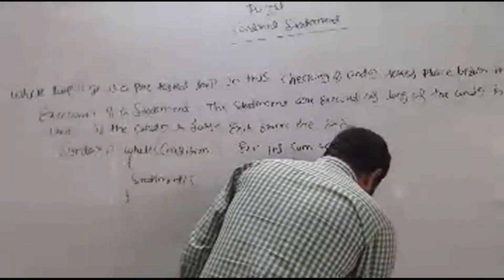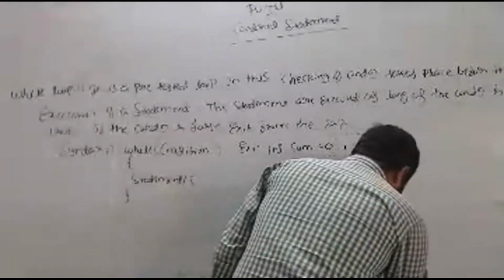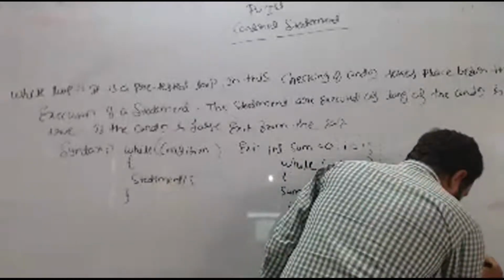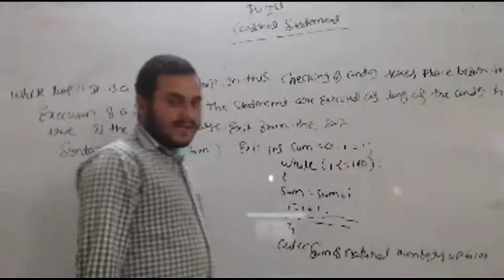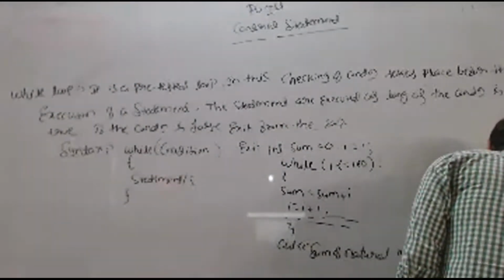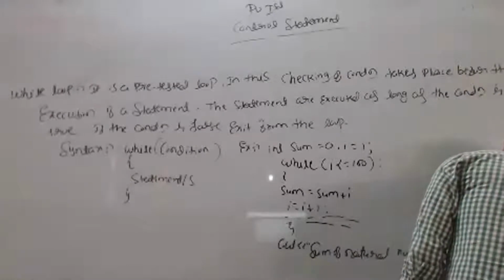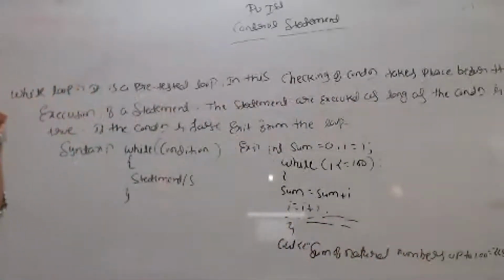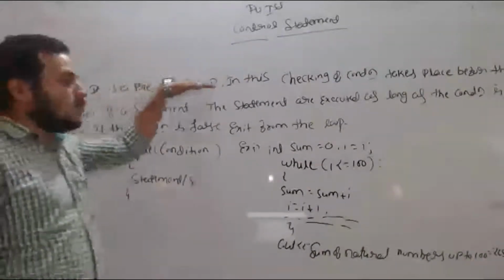Sum of natural numbers up to 100. Right? So what does it mean? The while loop is a pre-tested loop.